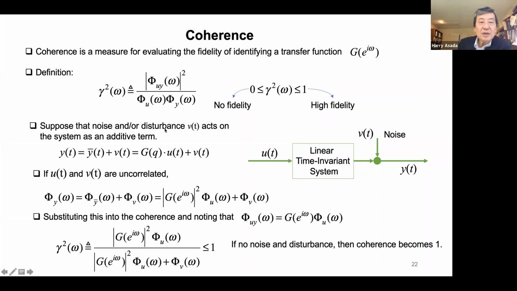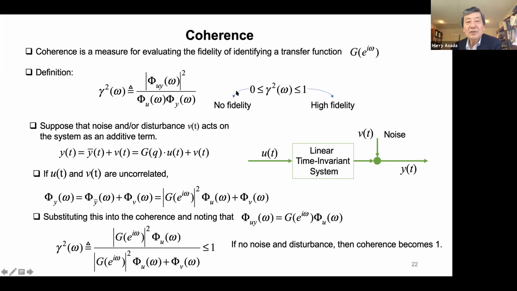The definition of this coherence is the squared magnitude of the cross spectrum over the power spectrum of the input times the power spectrum of the output. As I showed below, gamma squared takes a value between 0 and 1. 1 is perfectly high fidelity, and 0 is no fidelity.